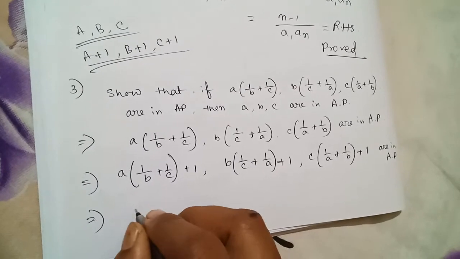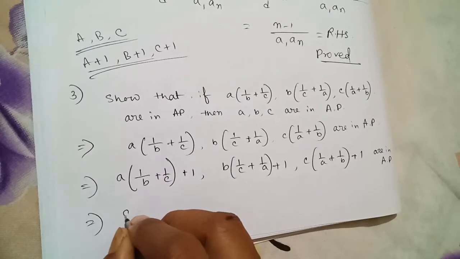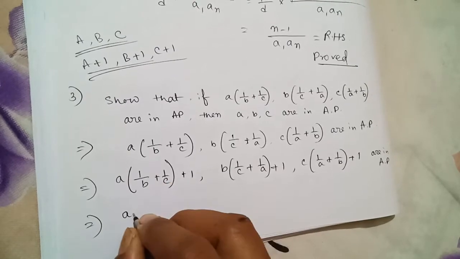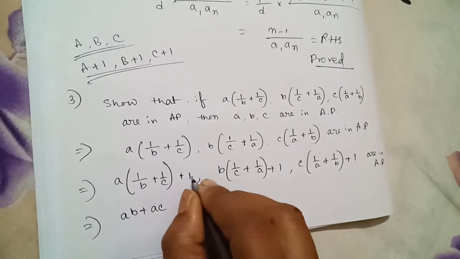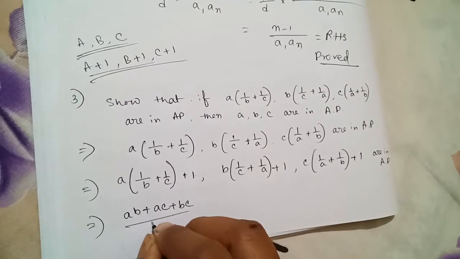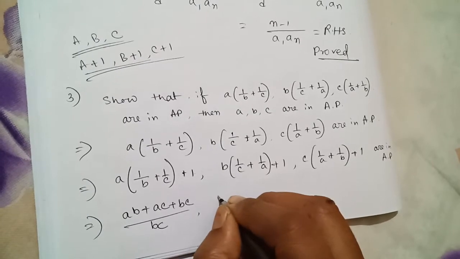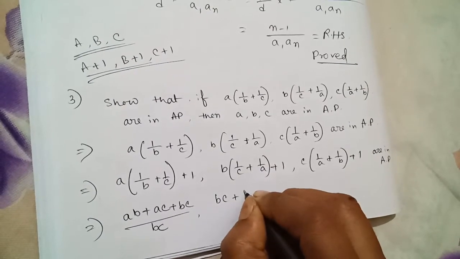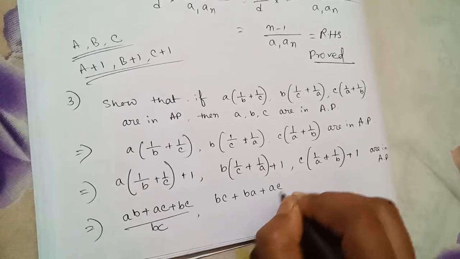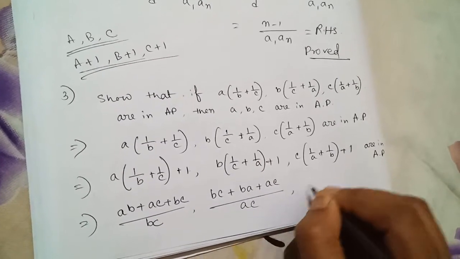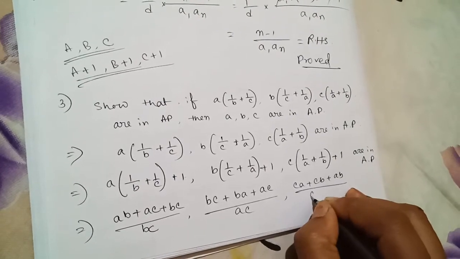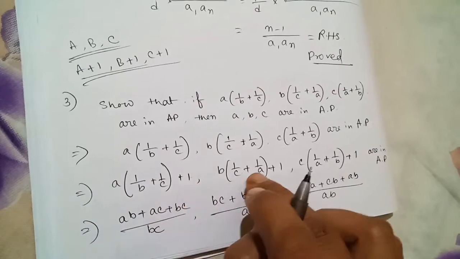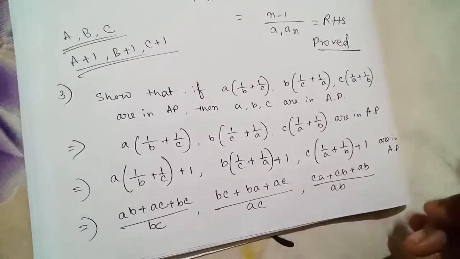This will be this one, A into B plus C. So we can write it as AB plus AC, and this one if we calculate you will get like this: AB plus AC plus BC divided by BC, comma, BC plus BA plus AC divided by AC, and CA plus CB plus AB divided by AB. You just simplify these three, you will get these three. Okay, they will also be in AP.